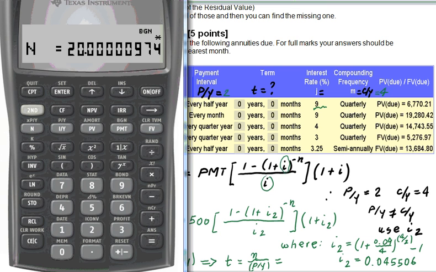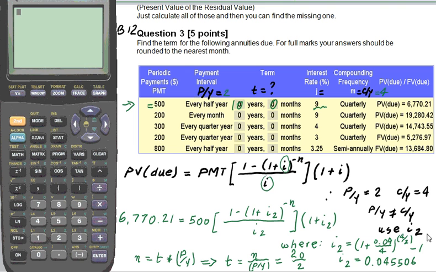Now we have 2 payments per year, so 20 divided by 2 payments per year gives us 10 years and 0 months. So just divide by 2, and nothing left there. So 10 years and 0 months is the correct answer.